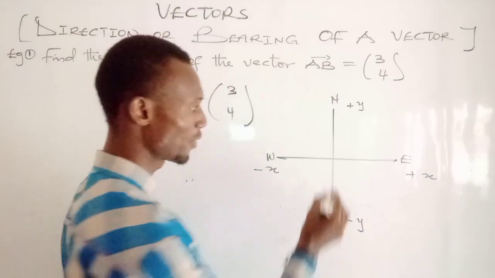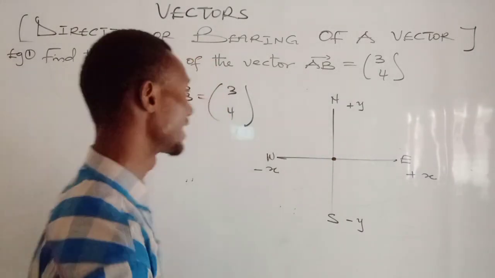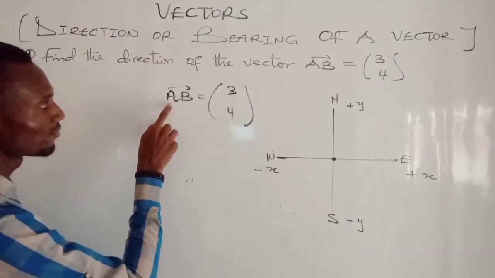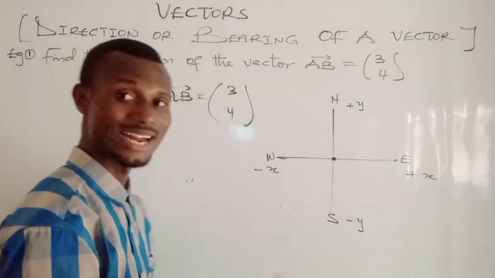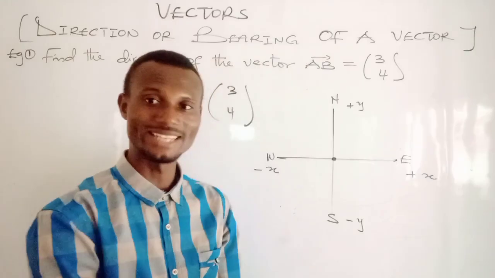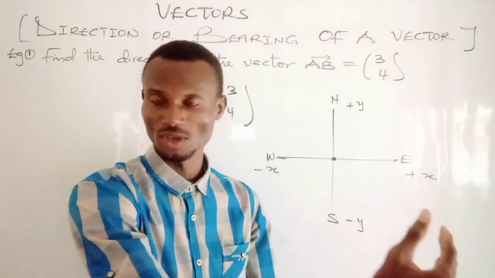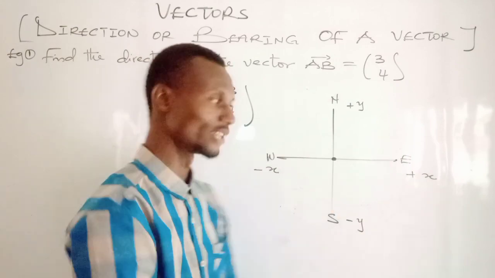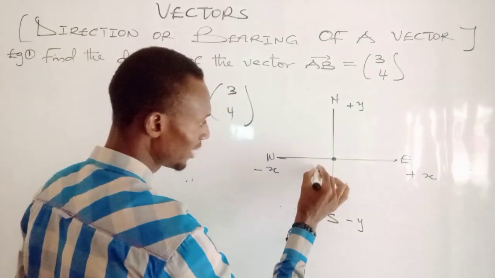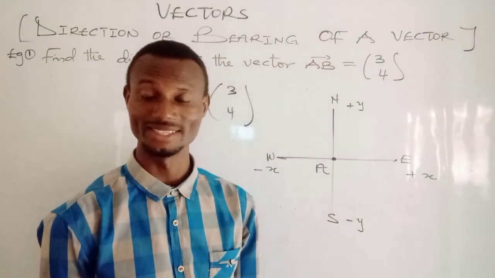Don't forget that the point of intersection is always the origin. Now look at the vector AB. We are moving from A to B. So what does it tell you? It means that the starting point is A, vector AB, moving from A to B. So the origin is A. This origin, I'll label it as A. That's how you go about it.